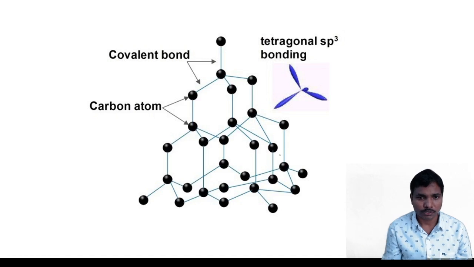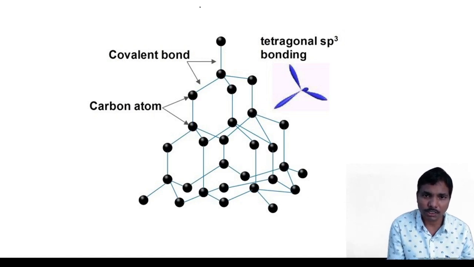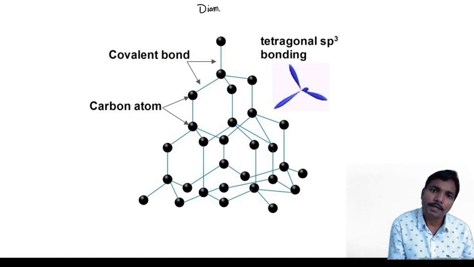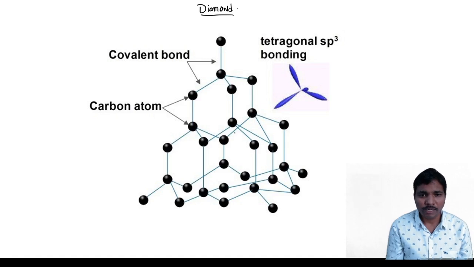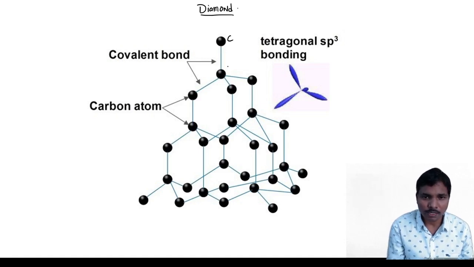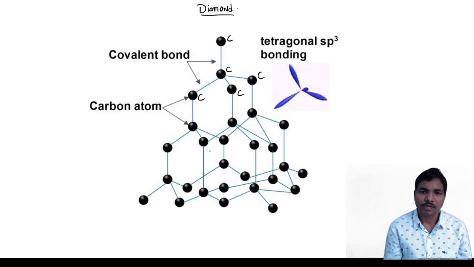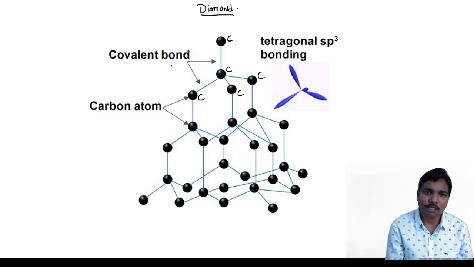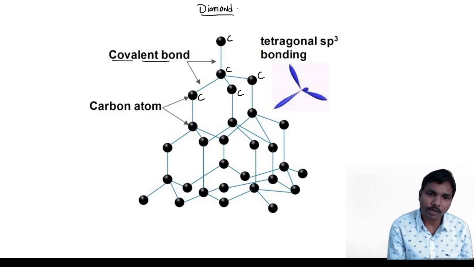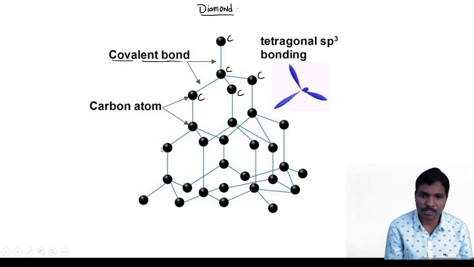This is the diamond structure. Here these are the carbon atoms, and the bond between these carbon atoms is a covalent bond, which is a very strong bond.